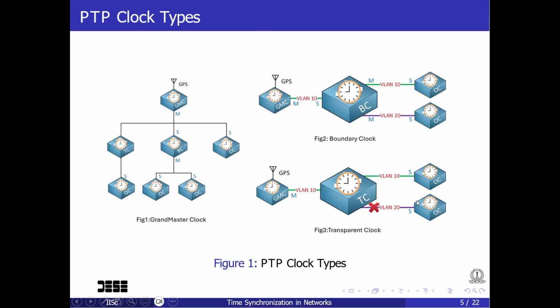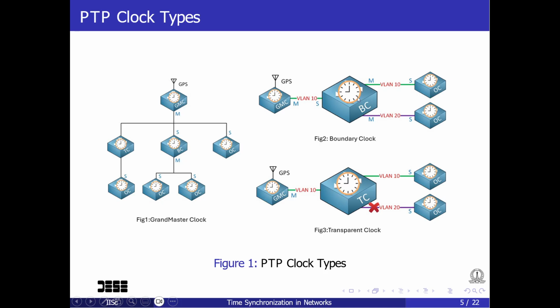These are the different clock types in PTP. First one is the Grand Master Clock. Among the nodes in a network we will have different clocks, right? Among all the clocks, the most precise clock we take as the Grand Master Clock. A boundary clock acts on one side as a slave and on the other side as a master.